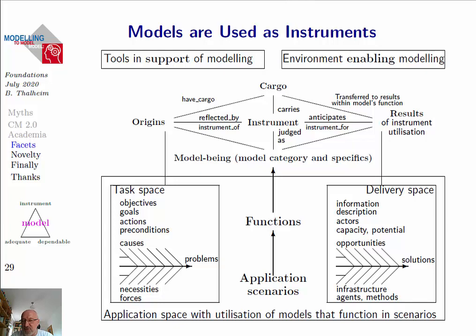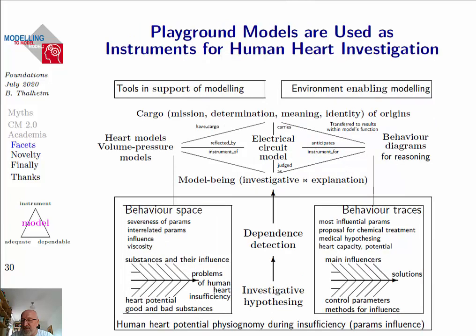We can use it also for a very specific picture. Think about what we have been already discussing about the problem. We would like to know what are, let's say, the problems we can observe for human heart insufficiency. So in this case we have of course to have a behavior space. In this case we are using as origins heart models, for instance as a volume pressure model.